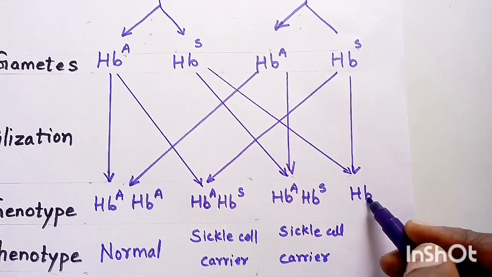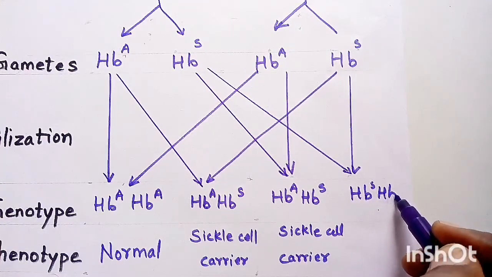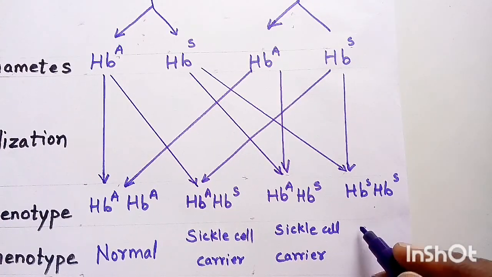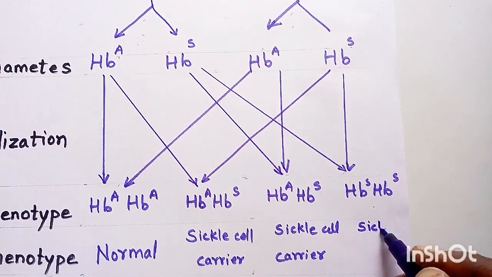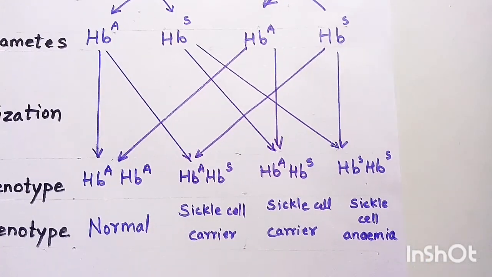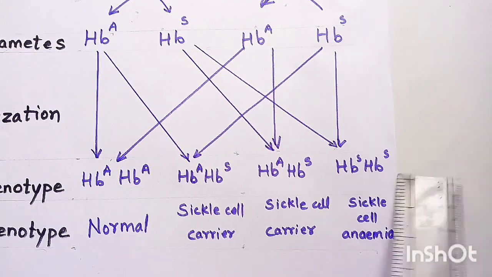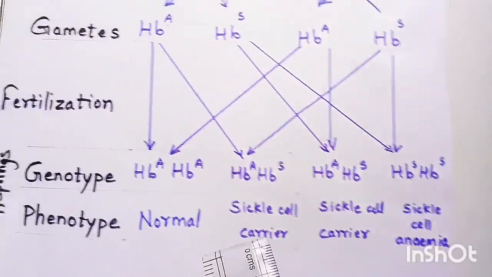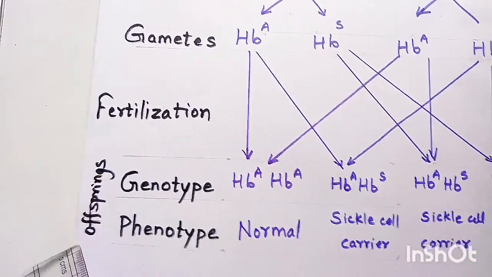So it will be HbS, HbS. Since both are recessive, the offspring will have sickle cell anemia. It will suffer from the disease which is called sickle cell anemia. So these are the genotypes and these are the phenotypes of the offspring that are produced.